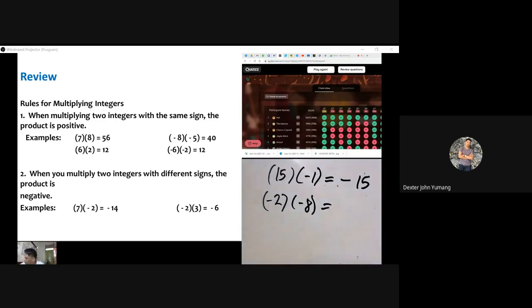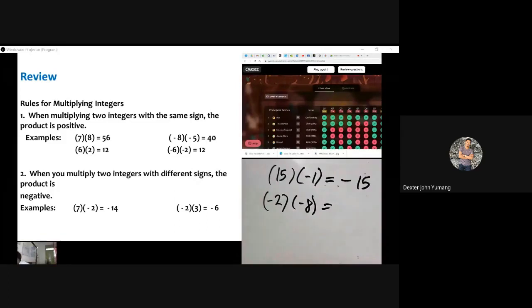You type your answers. Again, both are negative. Sixteen from Lourdes. Charisse is positive 16. Negative 16 pala kay Lourdes.